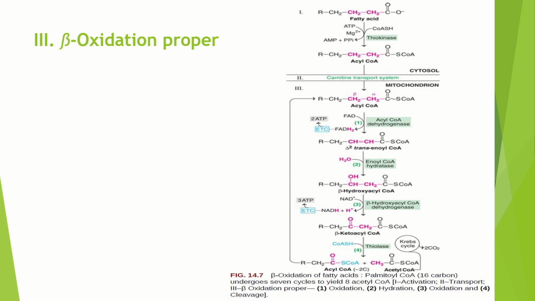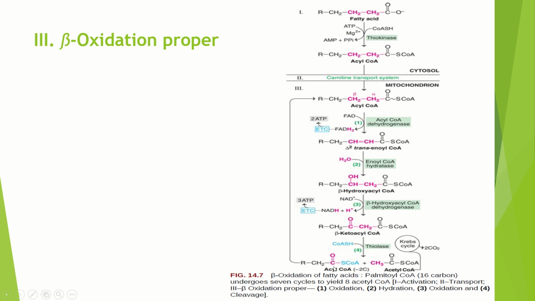Initially we have the activated fatty acid with 4 carbons, 1, 2, 3, 4, whereas the final acyl CoA which is formed in the beta oxidation consists of only 2 carbons. That is, a 2 carbon fragment is released as acetyl CoA and the remaining 2 carbon compound is acyl CoA.